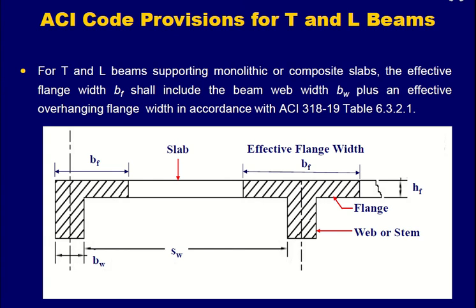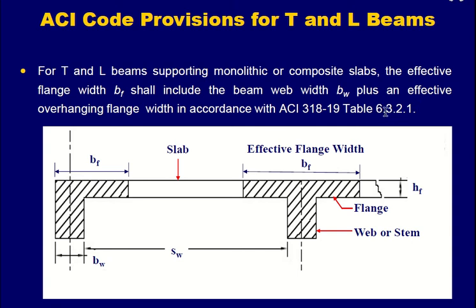So for T and L beams supporting monolithic or composite slabs, the effective flange width BF, now we will be using this terminology throughout, BF, shall include the beam web width BW plus an effective overhanging flange width in accordance with ACI 318-19 Table 6.3.2.1.